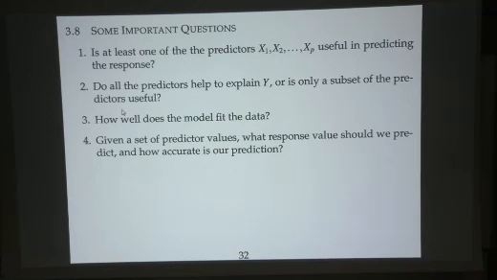And if it is a subset, which subset of x1 to xp, the predictors, affects y? The other two questions are, if you try to fit a linear model, how well does it fit the data? And if you try to predict using the entire set of predictors or a subset of them, how well do you predict the data?